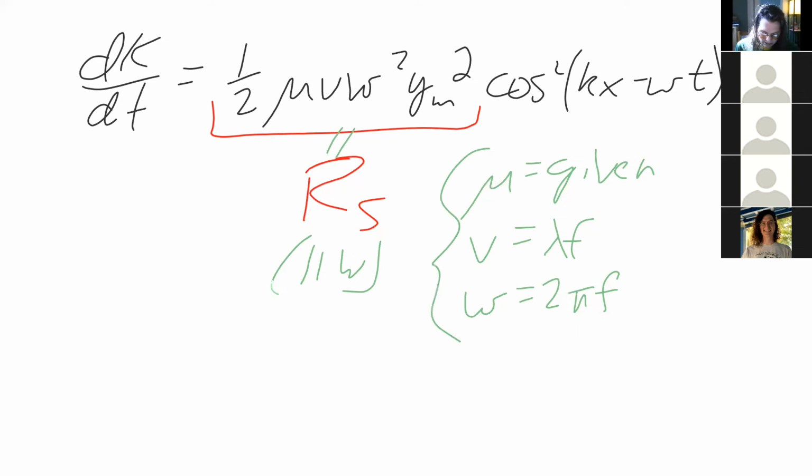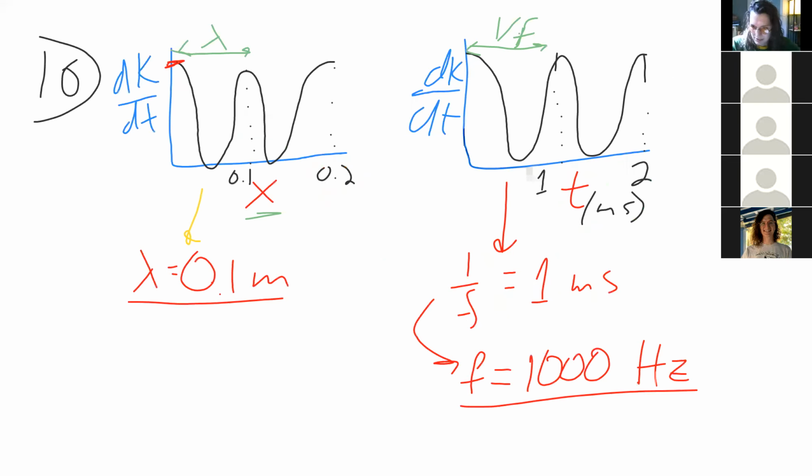Now, one thing that I do need to correct from the last problem: since this is a cosine squared function, what I've highlighted up here is actually only half of the wavelength and half of the period, because the squared flips the negative part up into the top. When you square a negative, it's a positive.